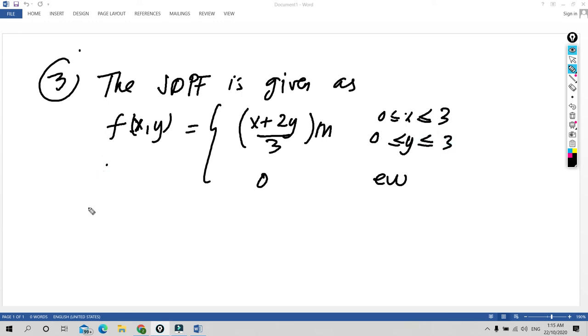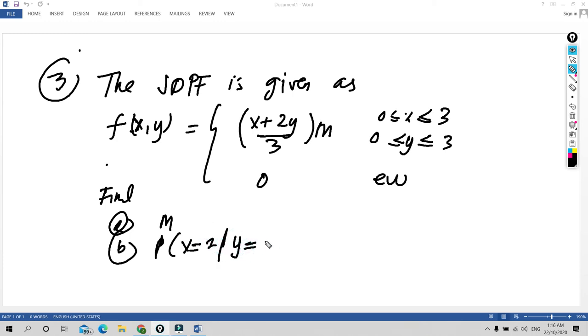I want you to find a, the value of m. b, you have to find the probability of x equal to 2 given y is equal to 1.